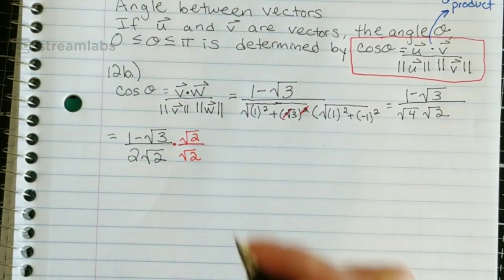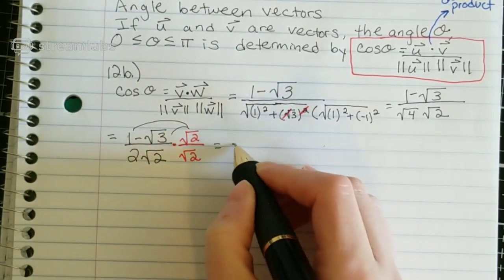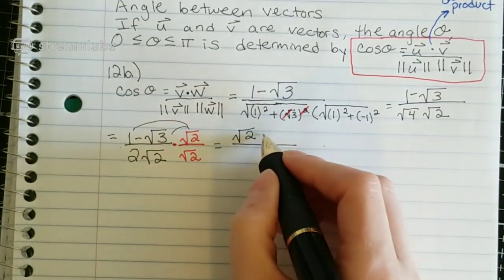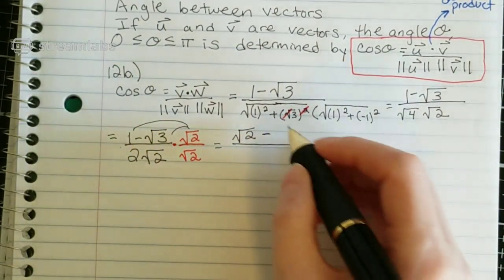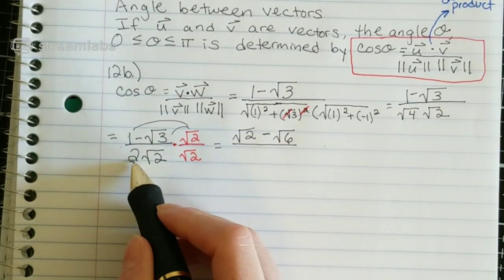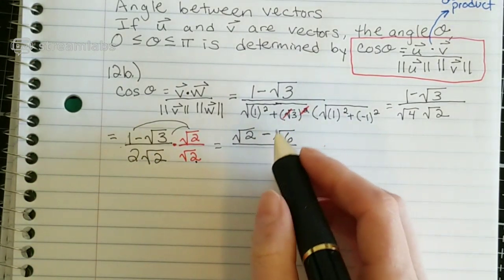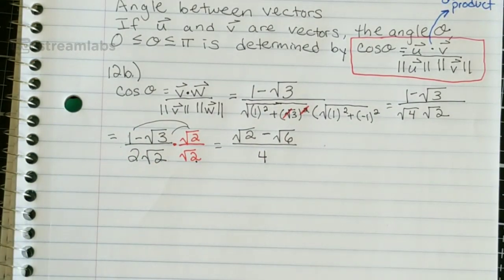And then I would go ahead and distribute this on the top. So 1 times the square root of 2 is the square root of 2, and the square root of 3 times 2, so 3 times 2 is 6. And then on the bottom you would have this 2, and the square root of 2 times 2 would be the square root of 4, which is 2, and 2 times 2 would be 4.